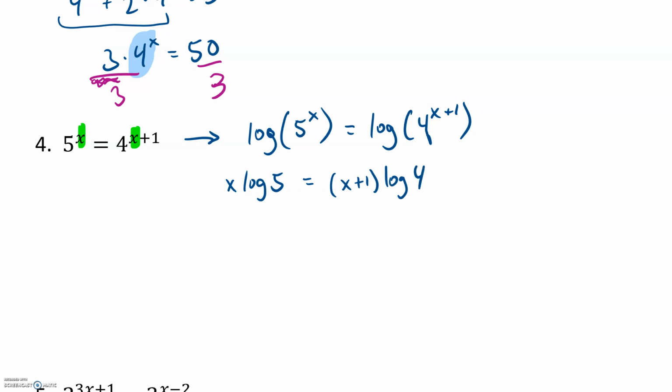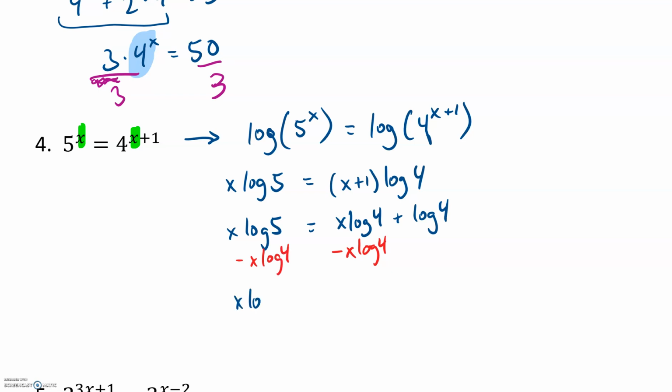And then we can solve this by distributing. Log of 4 is just a number, of course. So I'm going to keep it in that log notation because it's just a little more compact than finding the decimal version. I'm sort of avoiding rounding at this point. And now I can subtract x times log of 4 from both sides. So I have x times log of 5 minus x times log of 4.